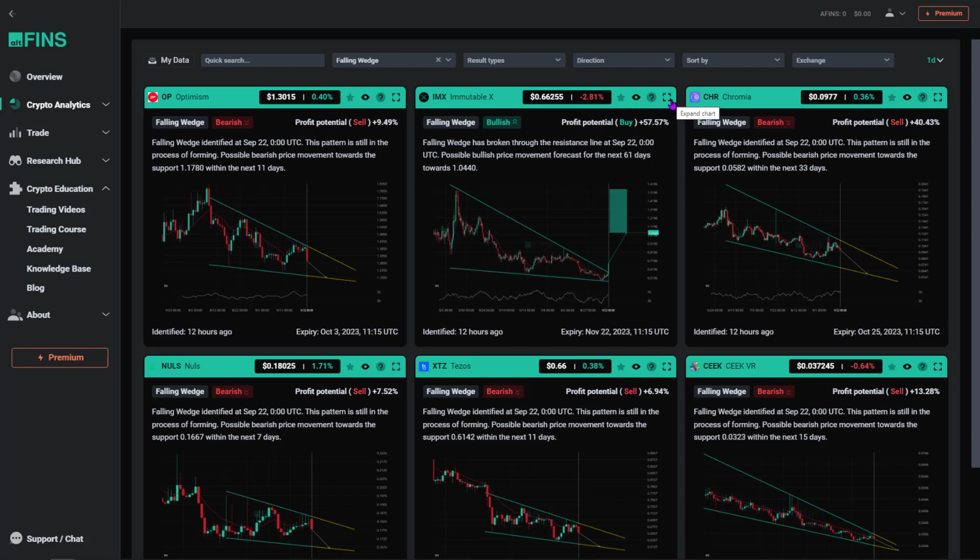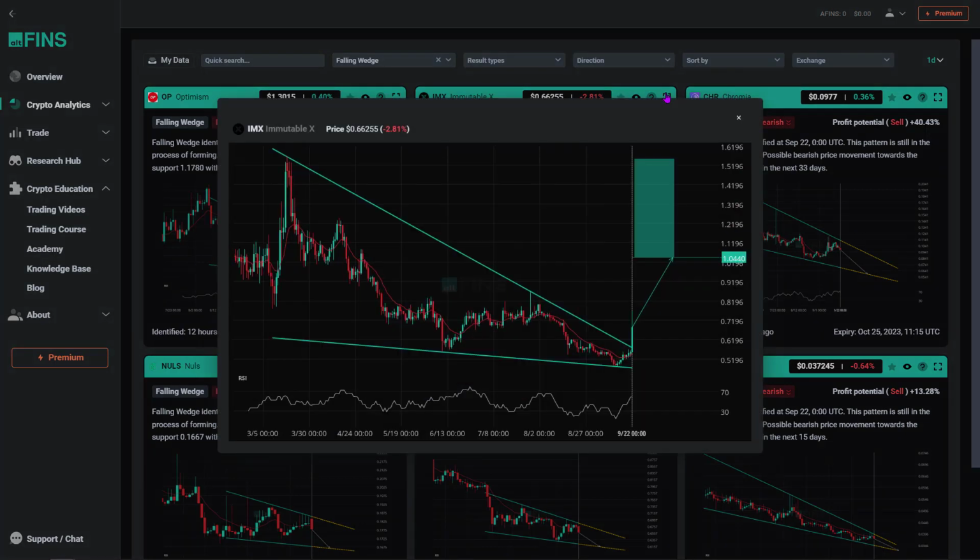But in this case, Immutable X is a clear breakout of that pattern. And how far should the price theoretically go? It typically depends on how wide the falling wedge is, the base of the falling wedge. This one is very wide. And that's typically the target of that breakout: the width of the base of the falling wedge pattern.